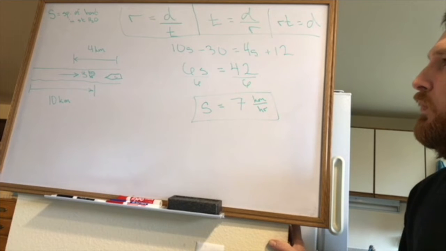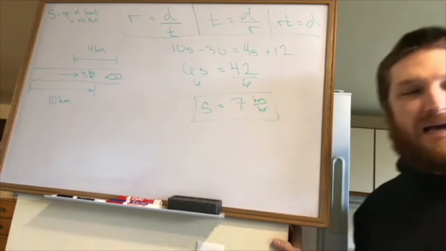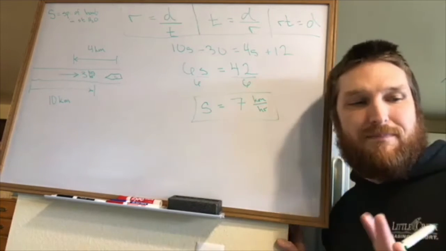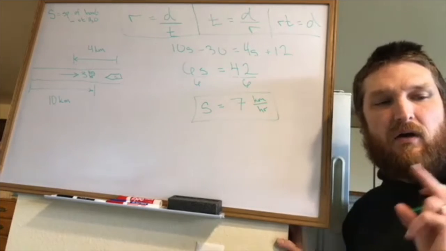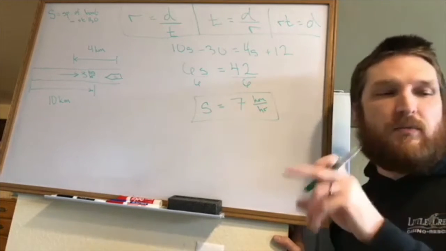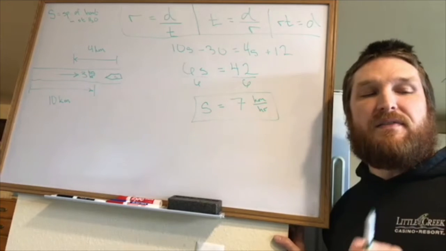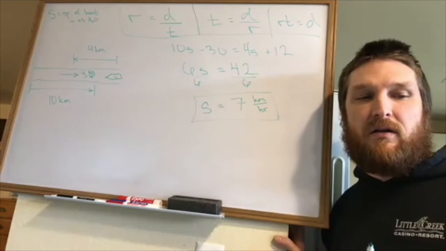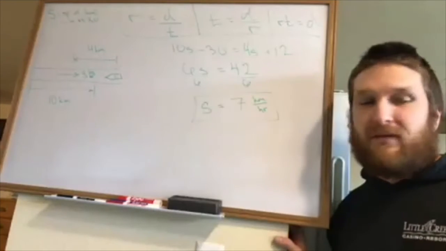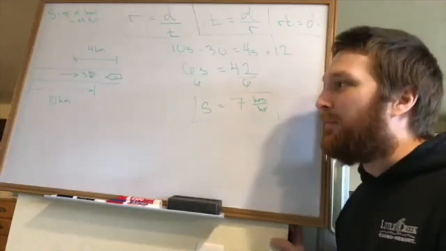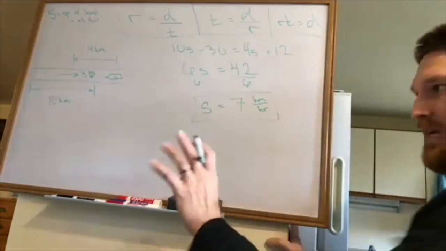Now, one thing, and I do this all the time: I will mix these up and think, it's going with the current, so we need to subtract off the amount of the current, which is exactly wrong. Or the boat is going against the current, and so we need to add it on. What would have happened if I mixed those up?